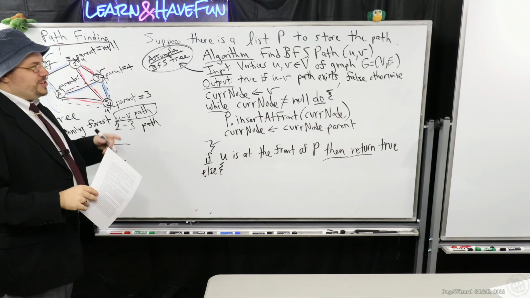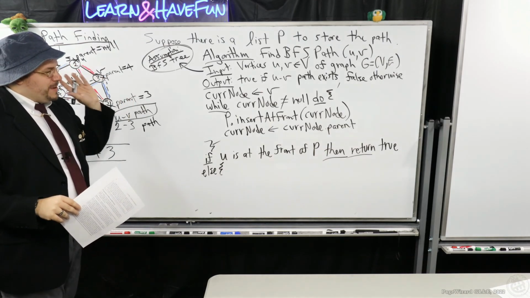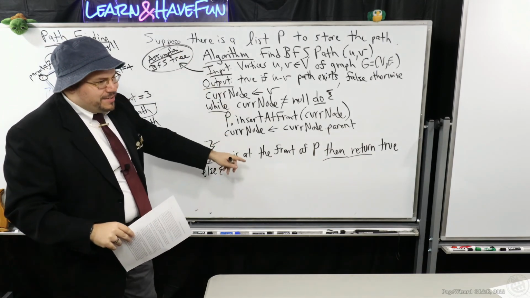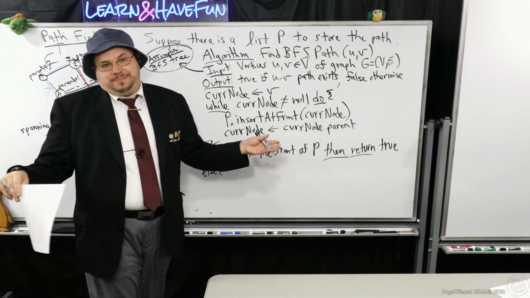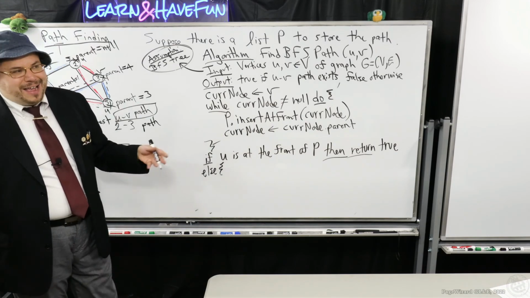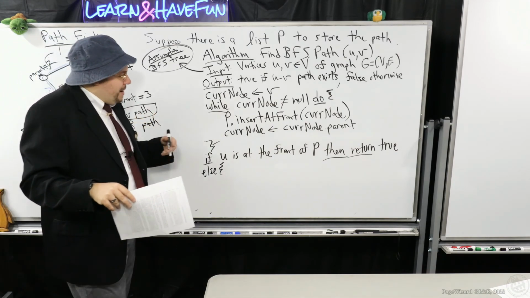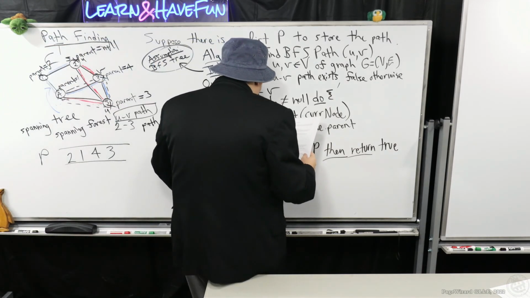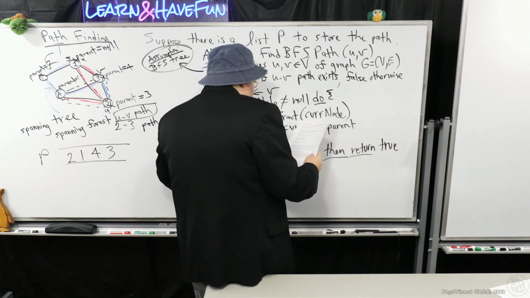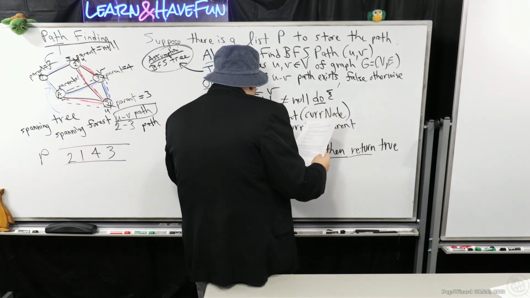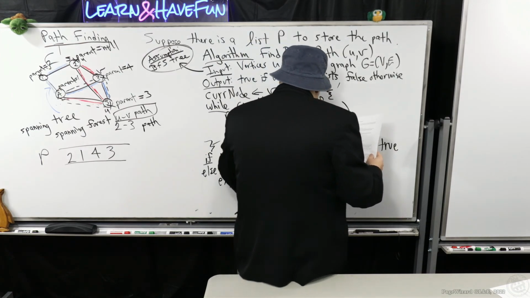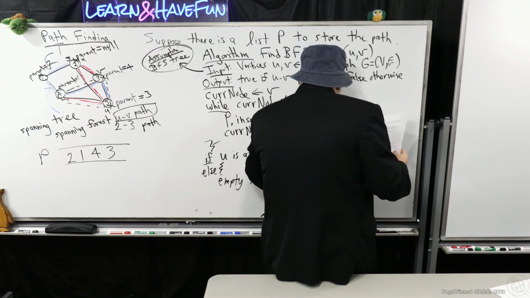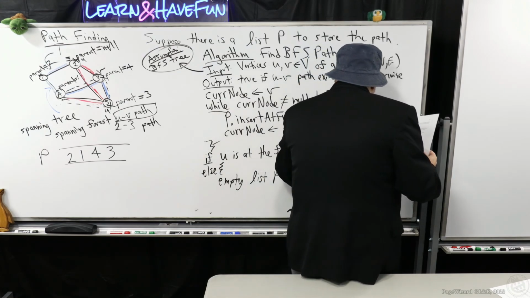I must stress that this is only if you want to make sure. Keep in mind, if this returned true, that's how you know there's a path. If it isn't, you could just clear out P and not use it, right? However, I'm going to put this in as a safeguard, because we're trying to be considerate to those that aren't going to do this. I'm going to empty list P, so that means no UV path exists.